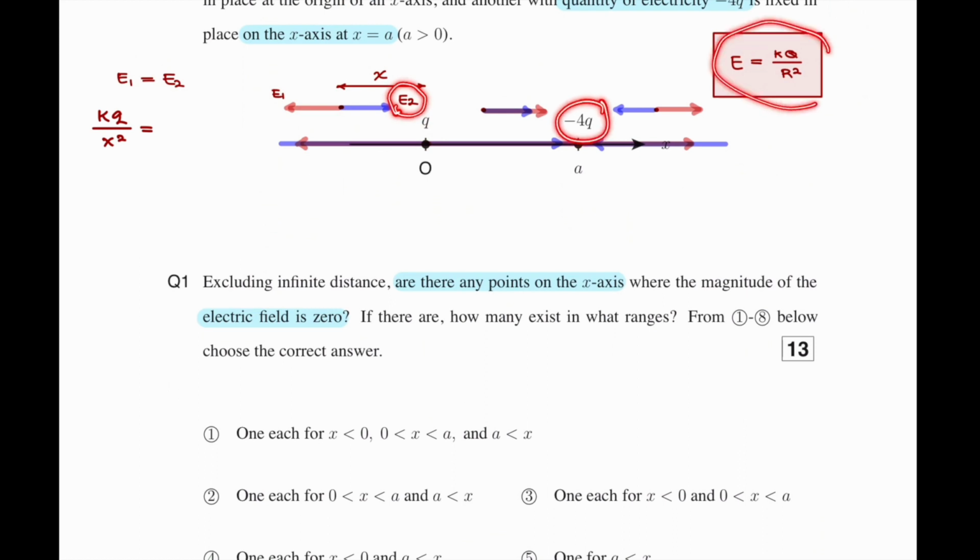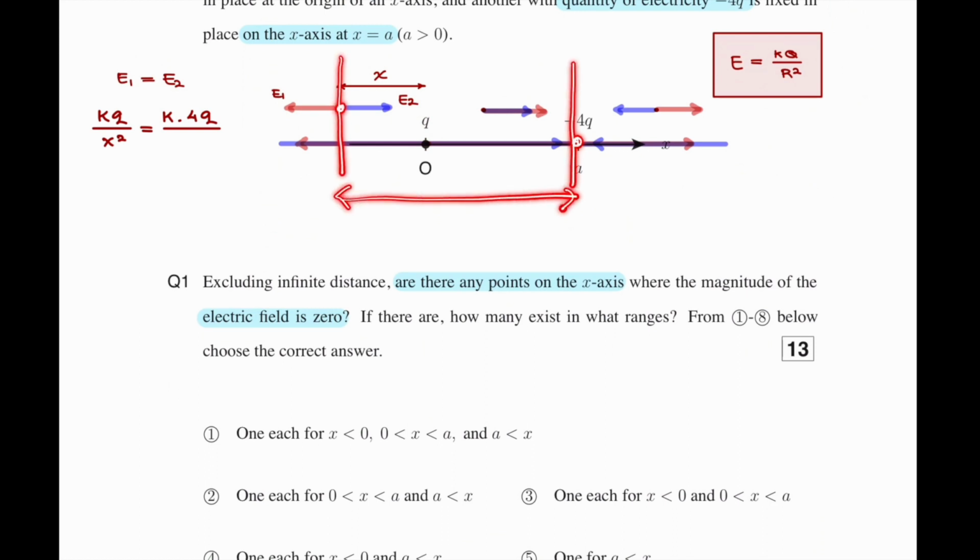By using this equation, E2 equals k times 4Q over the distance from 4Q to this point squared. So I need to know this distance. Of course, this distance is a plus x, so r is (a plus x) squared.